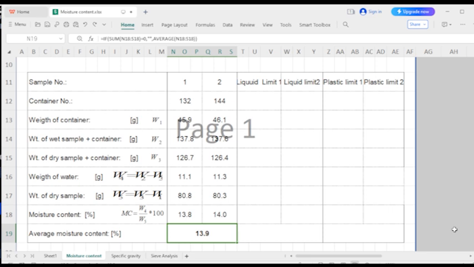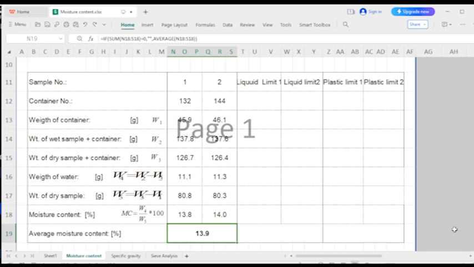At liquid limit, the soil is considered to have zero shear strength. At the plastic phase, it starts behaving like plastic. Then the plastic limit is the moisture content when the soil sample changes from being plastic to being semi-solid.